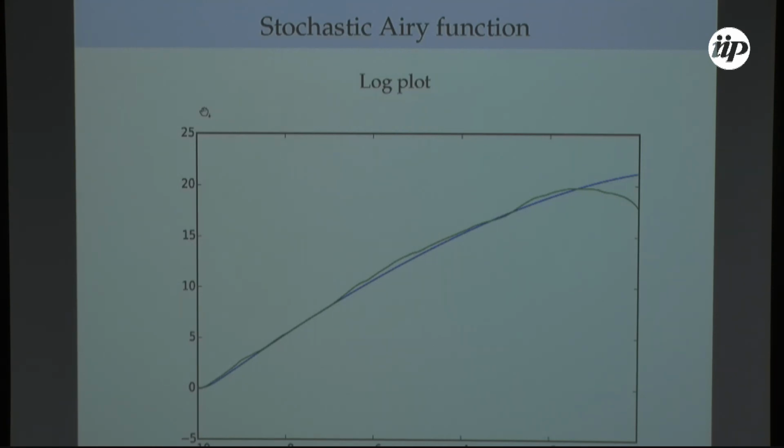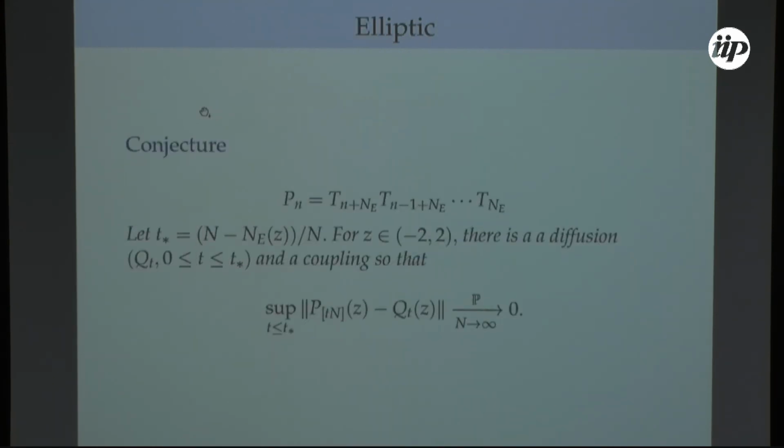And I have just one more slide, which is the elliptic part. So this is the portion of the transfer matrix recurrence where really non-Gaussian things happen. And this corresponds to what goes on in the bulk.